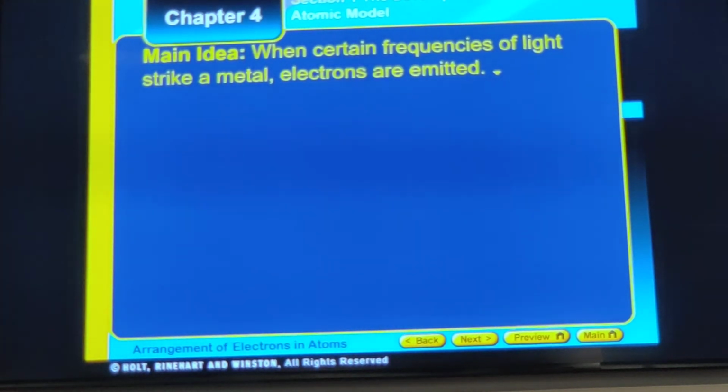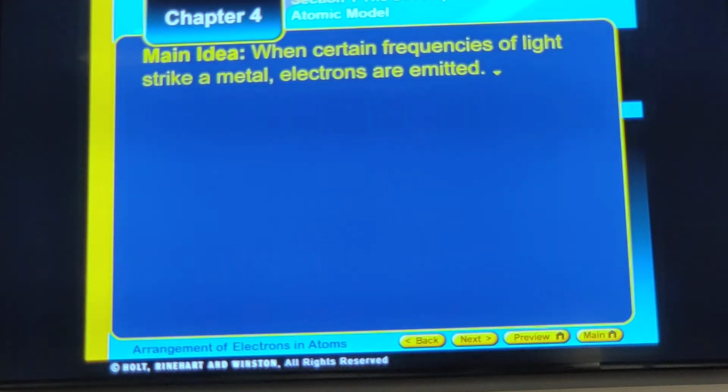So here's what it's saying: if you have a bare piece of metal, not contaminated or dirty on the surface, a clean piece of metal, there are some pieces of metal that when certain frequencies of light strike them, it causes electrons to shoot out from the surface. So light shining on metal atoms will knock electrons away from the atoms.